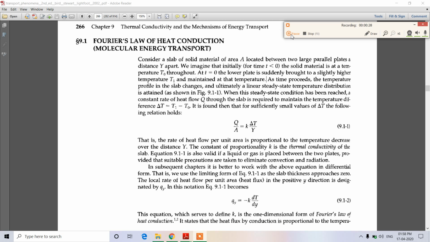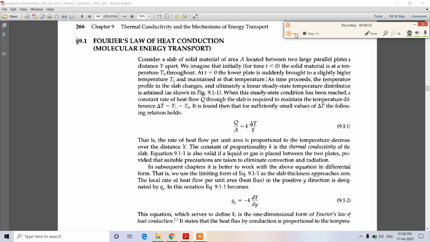The subject of heat transfer you already learned in semester number 4, but the basic fundamentals of heat transfer are necessary in transport phenomena, like Fourier's law for heat conduction, what is thermal conductivity, what is steady state heat transfer.